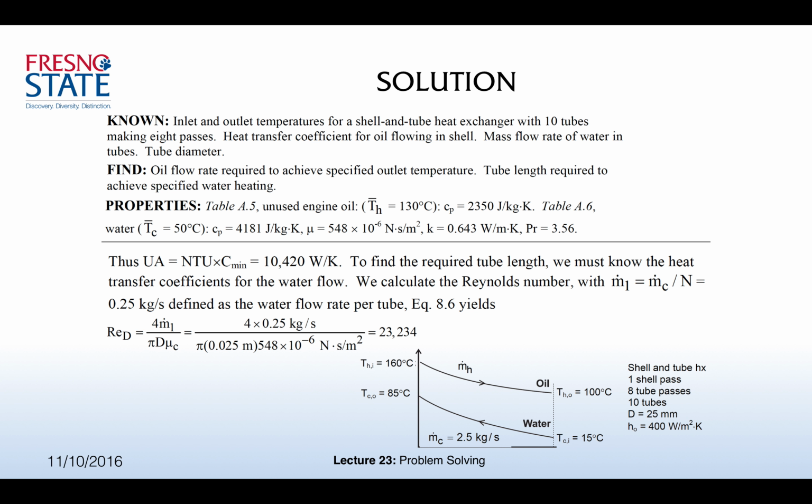Therefore, we have 4 times 0.25 kilograms per second divided by pi times the diameter, in meters, 0.025 meters, times the viscosity of the water flowing inside, which is 548 times 10 to the power minus 6 newton seconds per meter squared. Therefore, Reynolds number is 23,234. Compare that with the critical Reynolds number for internal flow, which is equal to 2,300, and therefore that's obviously a turbulent flow.